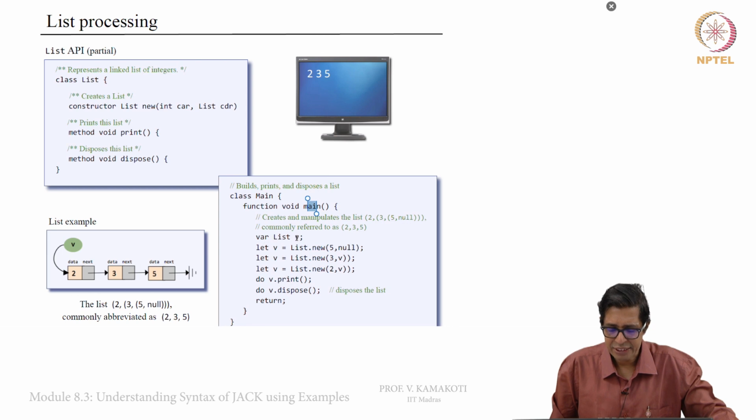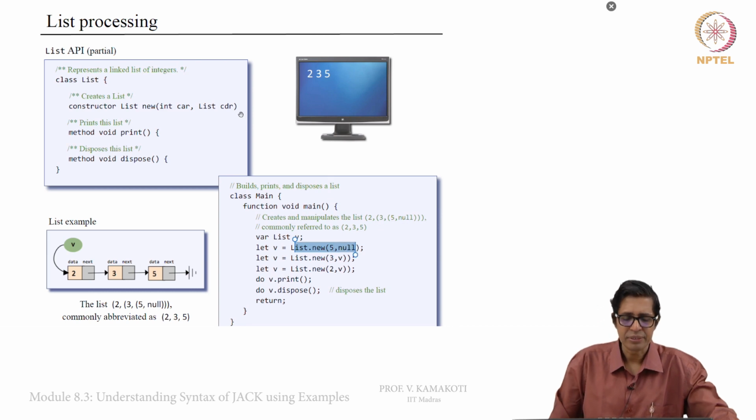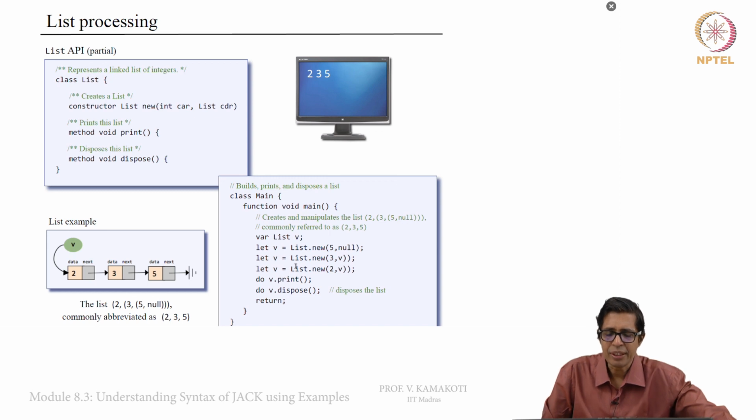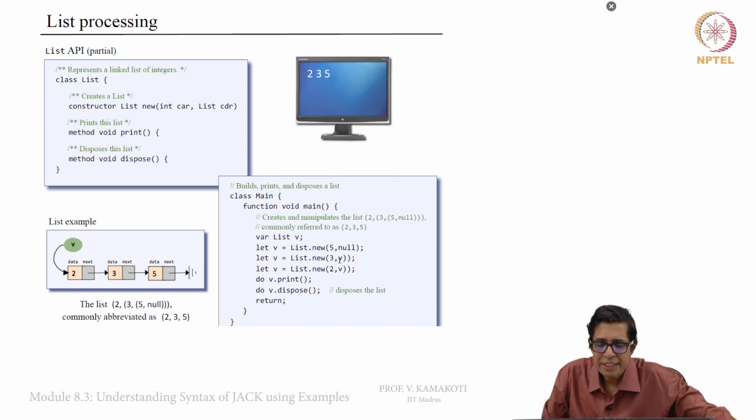Now, list V. So V is of the type list, V equal to list dot new 5 comma null. Okay. Then V equal to list dot new 3 comma V, V equal to list dot new 2 comma V. Right. There are 2 extra parentheses here which may be neglected.